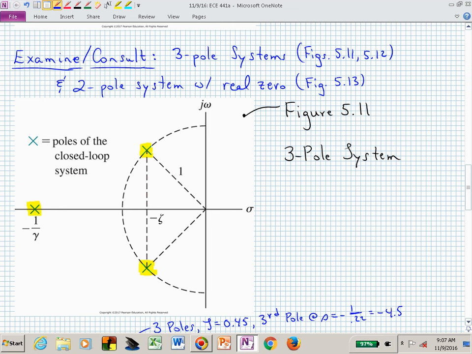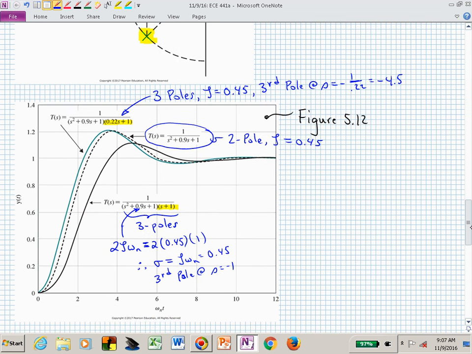The bigger gamma is, the closer that's going to get to the origin. And the closer this third real pole gets to the imaginary axis relative to these dominant poles, the more influence it will exert over the pure two-pole system. And that's illustrated here in figure 5.12.